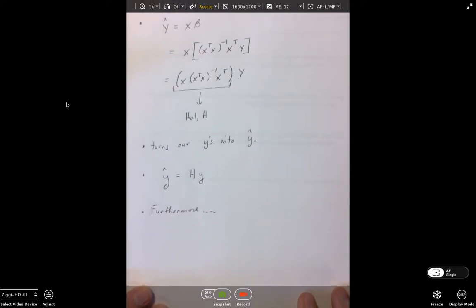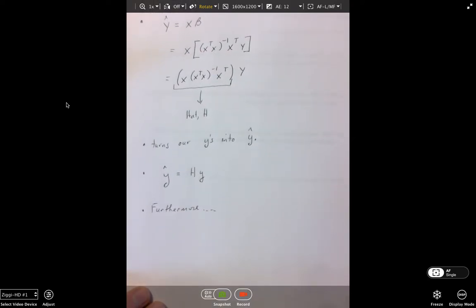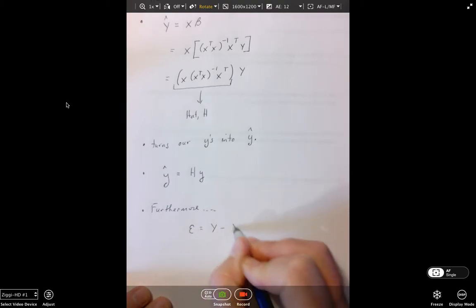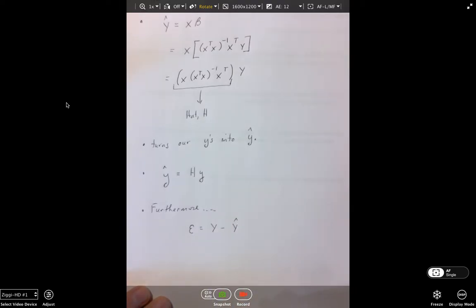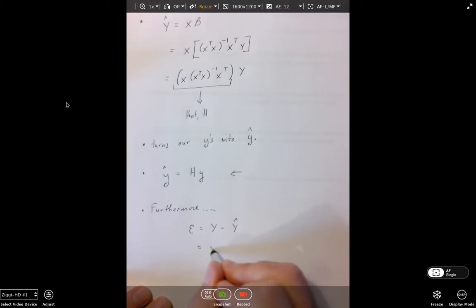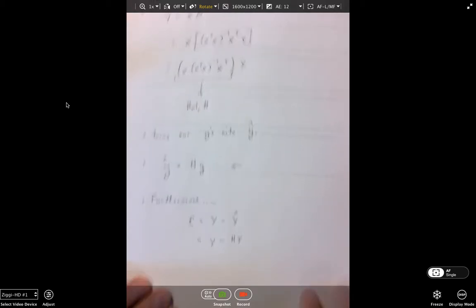Now, we furthermore get this up there where you guys can see it. We remember that, of course, our errors are our y minus our y hat. And we have now seen that our y hat can be expressed as our hat matrix times y.